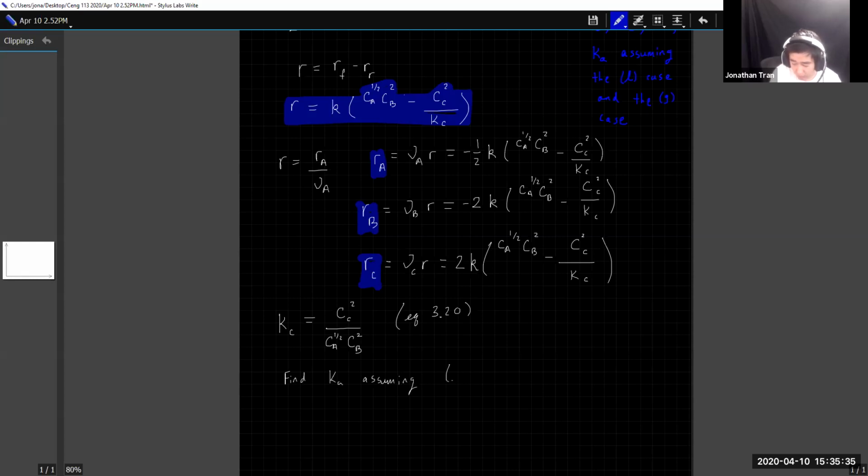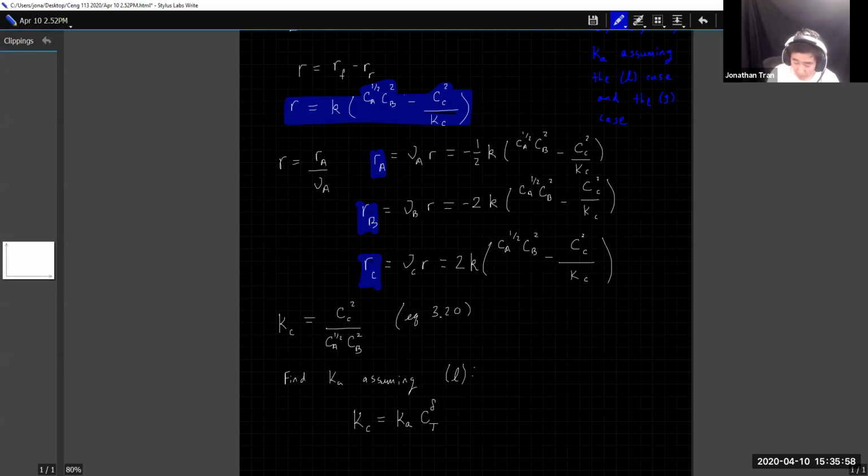So in the liquid case, if we look back to our equations, this is equation 3.22. Kc is equal to Ka times Ct to the power of delta.